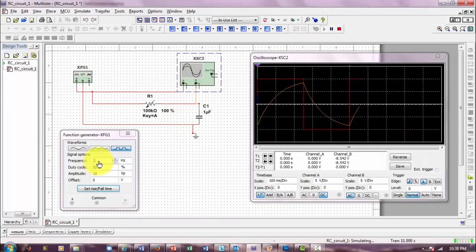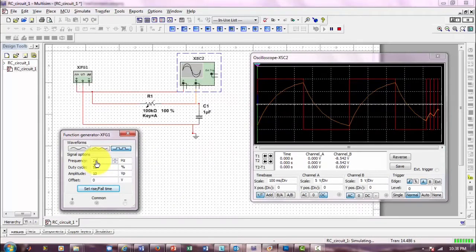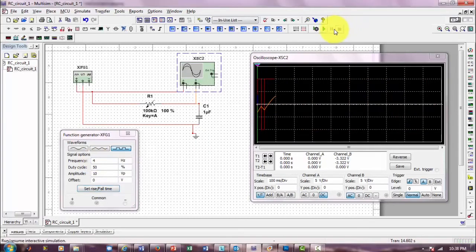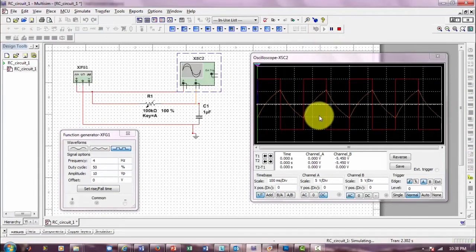Let me increase the frequency to 4 hertz, so we should see 4 cycles. Let me stop the program and run it again, and let it settle down, and you could see that it's even lower, closer to 5 volts now.